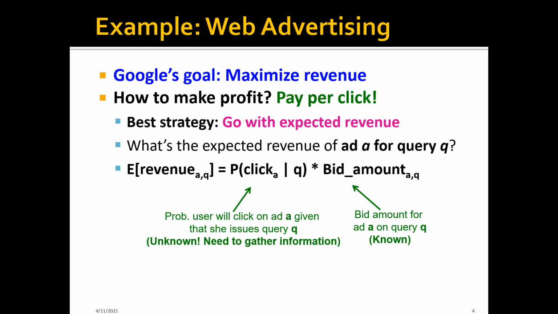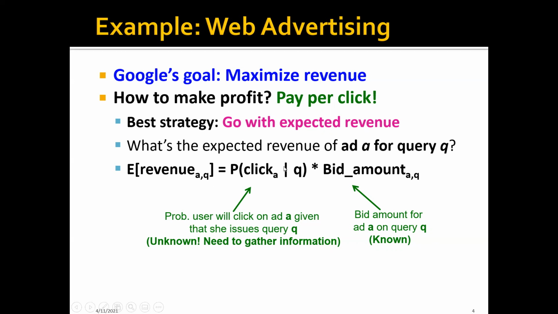But specifically, how do you compute this expected revenue? We already discussed this in the previous lecture. We say that this expected revenue can be computed using the CTR times the bid amount.